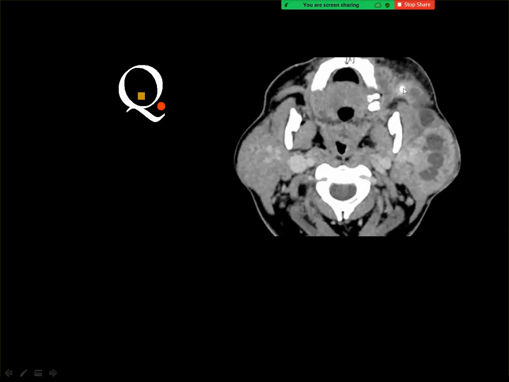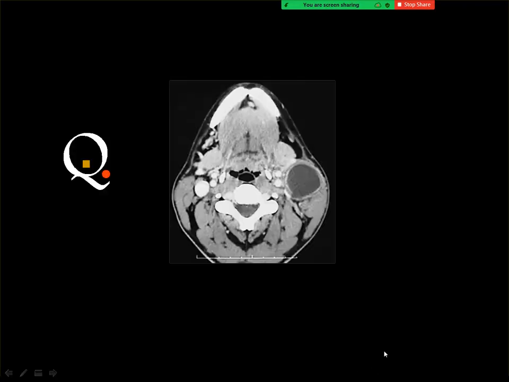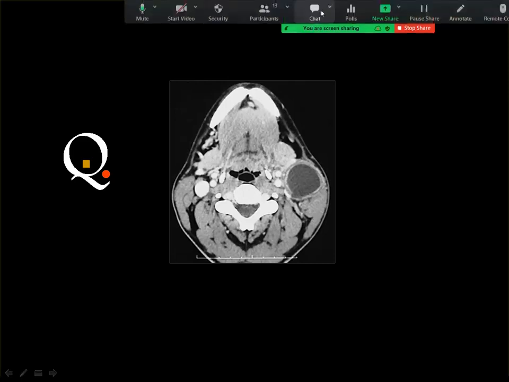It is obstructed by the calculus, with stasis of the secretions and enlargement of the parotid gland with stranding of the subcutaneous fat, meaning that this is an obstructed parotid duct with the formation of an abscess along the dilated duct secondary to the calculus obstruction. And this is also a case that is easy in the diagnosis.